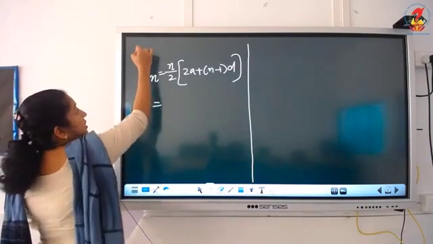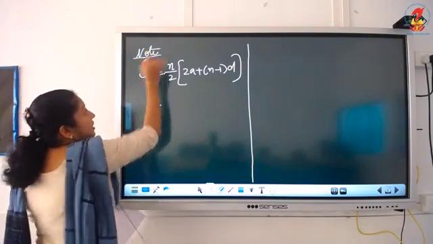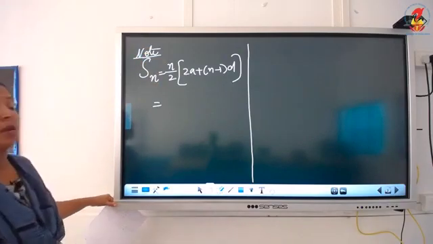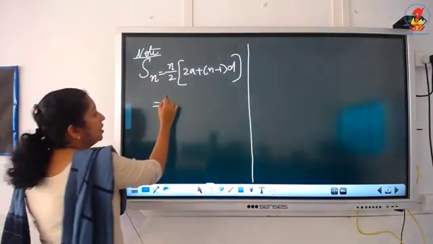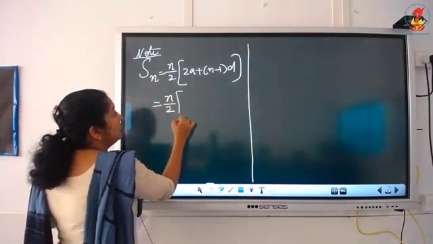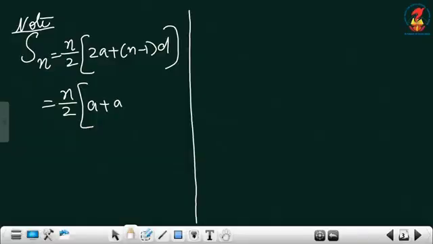Then as a note I am giving Sn is equal to n by 2 into 2a plus n minus 1 into d. And we can write this as n by 2 into a plus a plus n minus 1 into d. I have written 2a as a plus a.